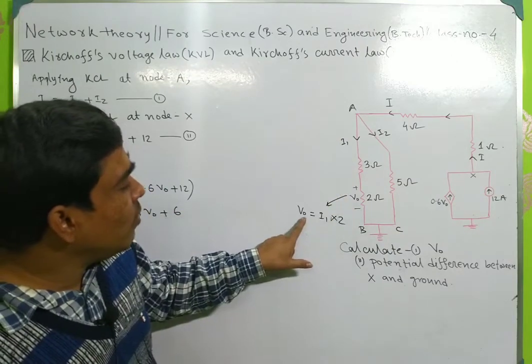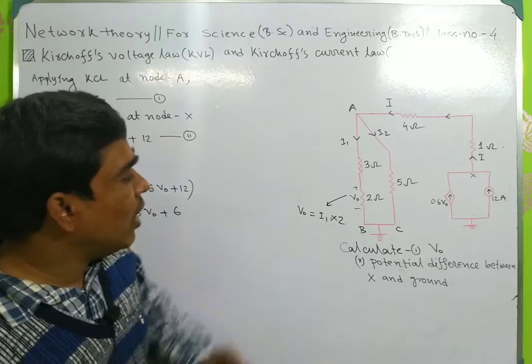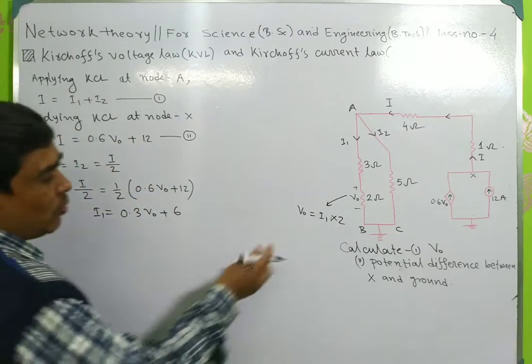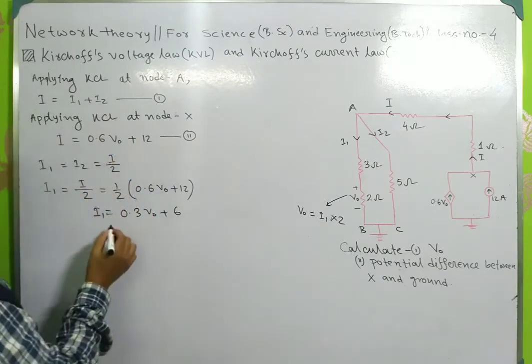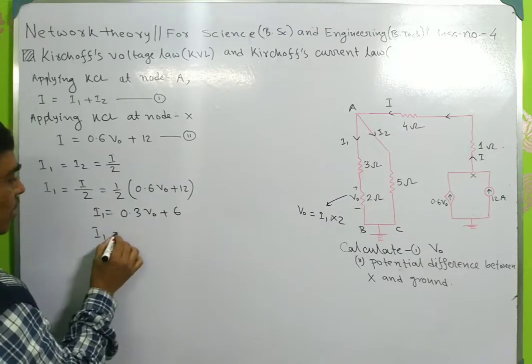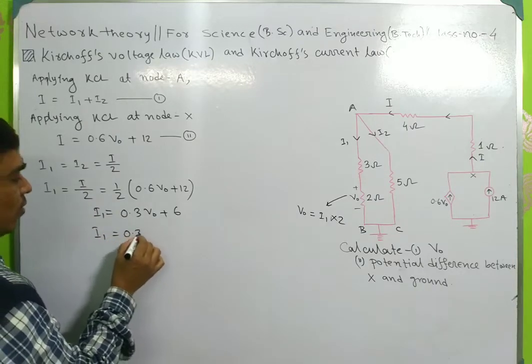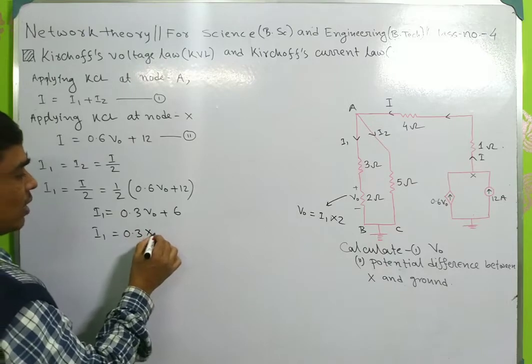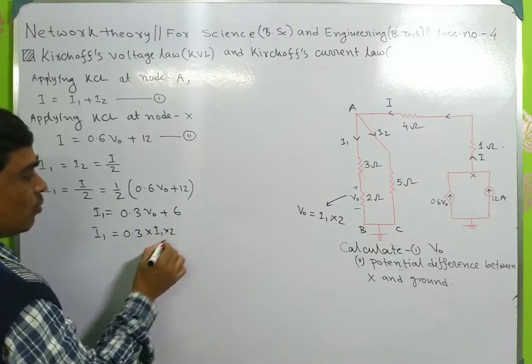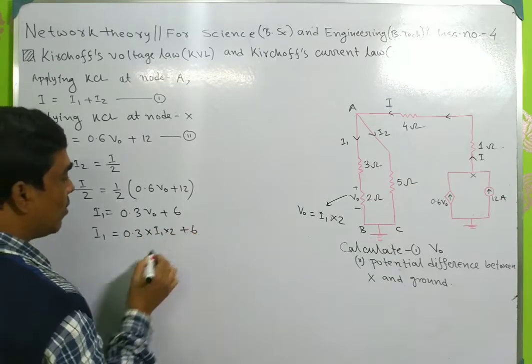So you can write V equals I into R. So using this value of V0, we can write I1 equals 0.3 multiplied by I1 into 2 plus 6.